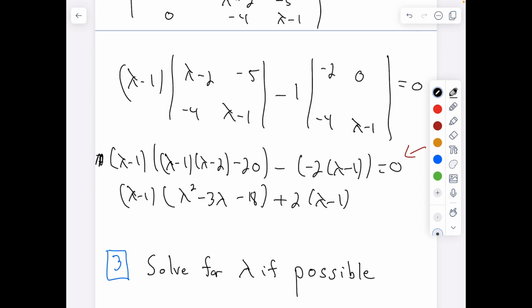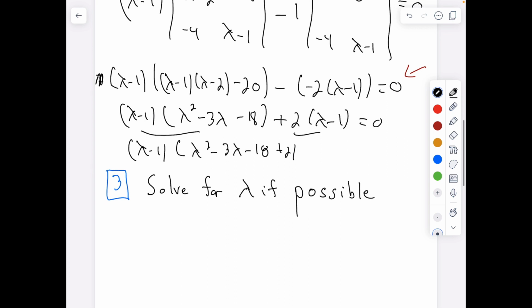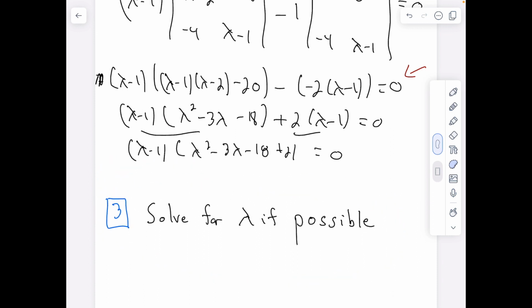The reason I'm going to stop here, and not distribute the lambda minus 1 or the 2, is because notice you have a lambda minus 1 in common to both those terms. That means you can factor it out, and all you would have left would be lambda squared minus 3 lambda minus 18 plus 2 equal to 0. And that would be your equation pretty much.